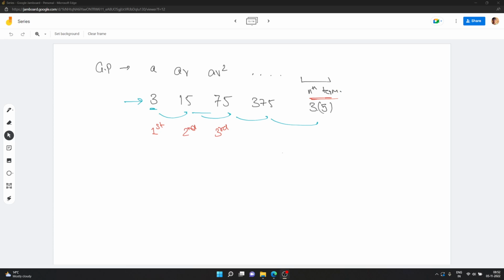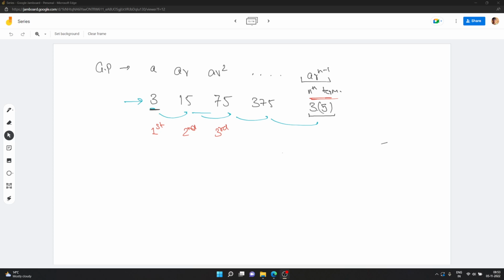We know from our discussion in the previous class that the nth term should be a times r to the power of n minus 1. In our case, it will be simply, let's check. We want to find the general term. If we want the first term to be 3, then the nth term has to be this first term when n is equal to 1.